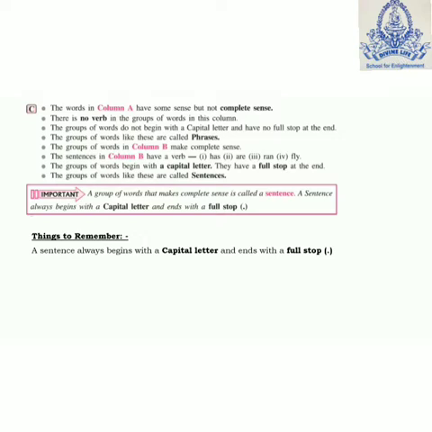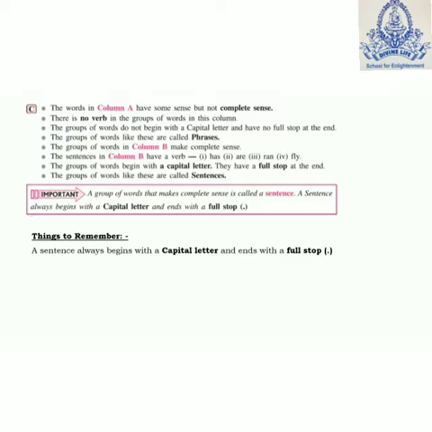Now we will talk about the group of words in column B. That makes a complete sense. Why do these sentences make a complete sense? The sentences in column B have a verb, like has, are, ran, fly. If you see each example given, they all have verbs.